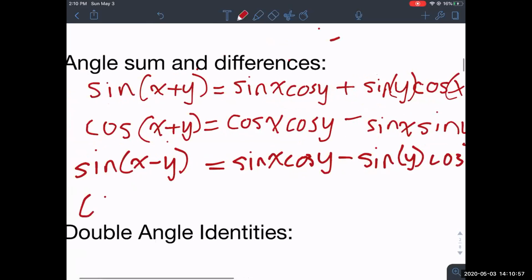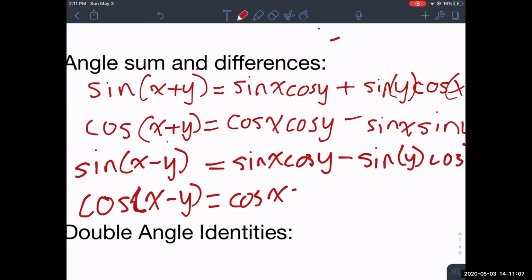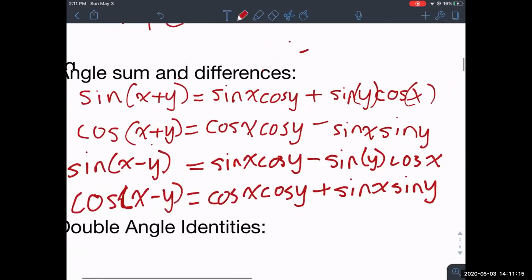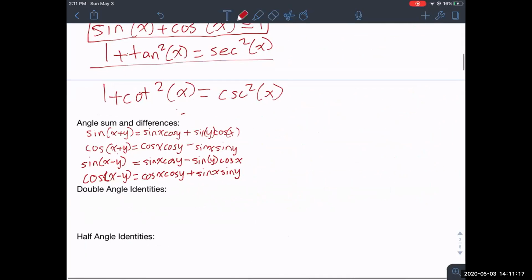And cosine of x minus y is cosine x cosine y plus sine x sine y. So those are really important.